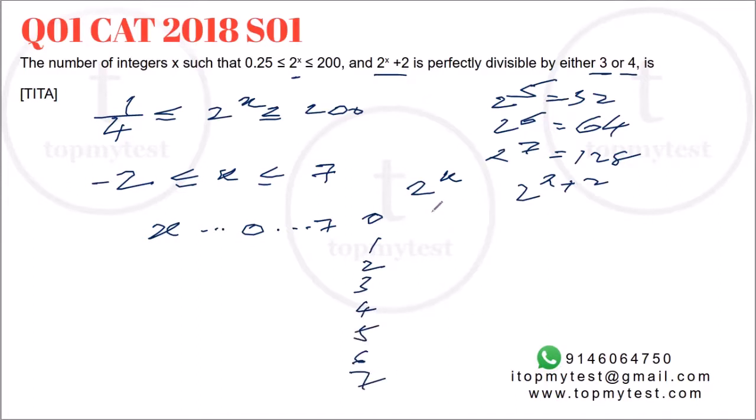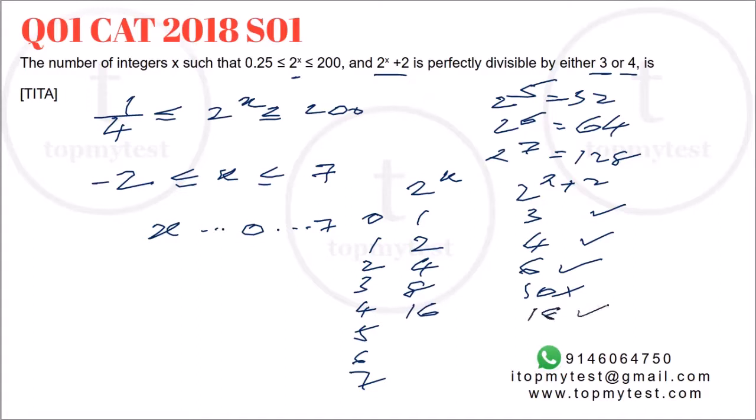2 to the power 0 is 1, 1 plus 2 is 3, this is divisible. 2 to the power 1 is 2, 2 plus 2 is 4, this is divisible by 4. 2 square is 4, 4 plus 2 is 6, this is divisible by 3. 2 cube is 8, 8 plus 2 is 10, not divisible by either 3 or 4. 2 to the power 4 is 16, 16 plus 2 is 18, divisible. 2 to the power 5 is 32, 34 is neither divisible by 4 nor by 3.